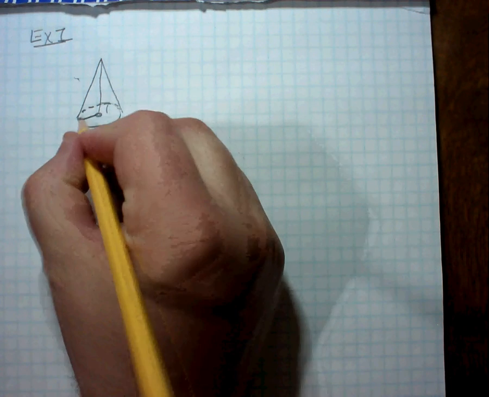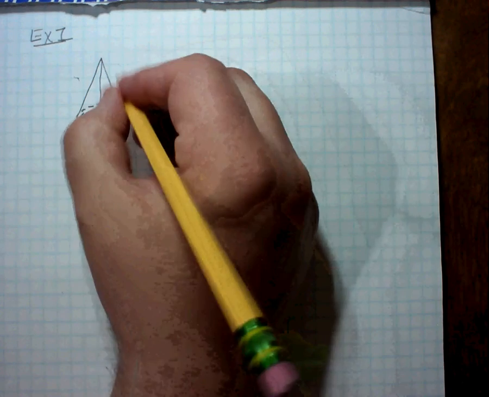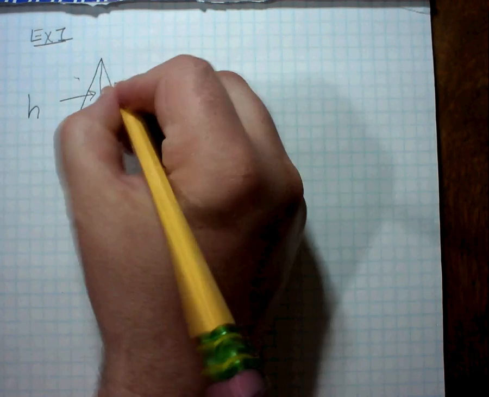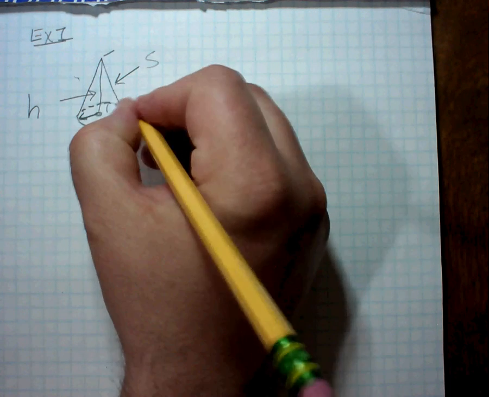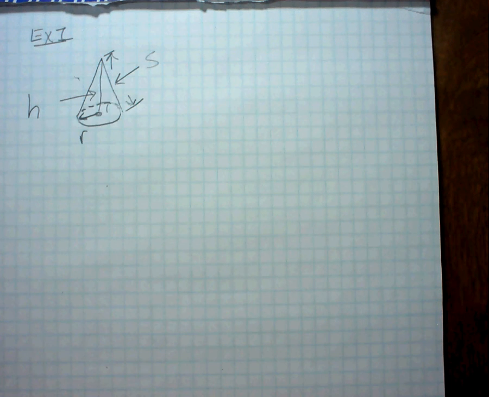And so what we need to remember is that the distance from the center of the circle to the edge is still the radius. And there's two things. One is you can have what we call the altitude height, and the other is you can have what we call the slant height. Now the slant height is the distance along the edge of the cone, like the side of the cone.